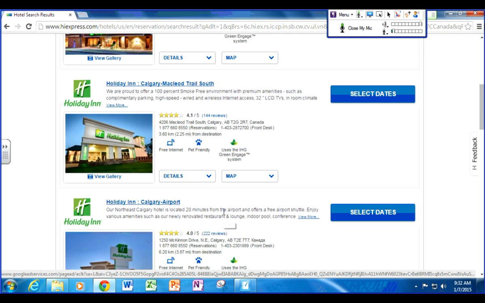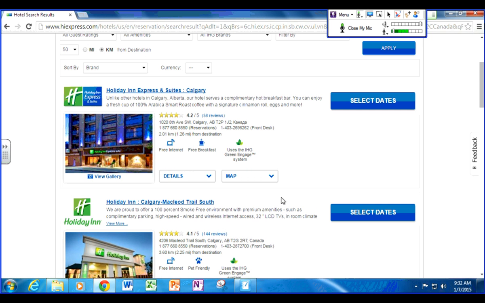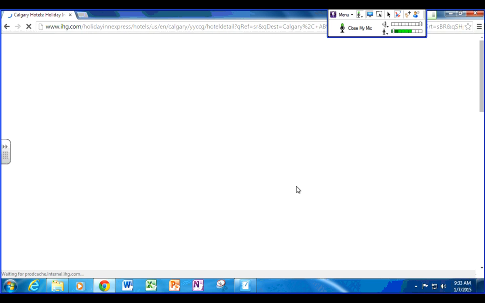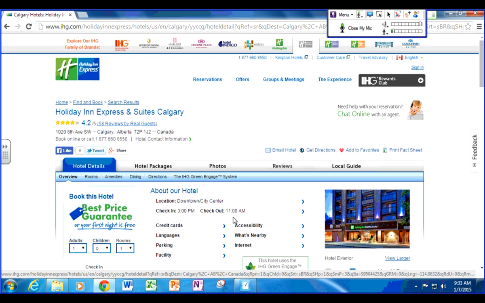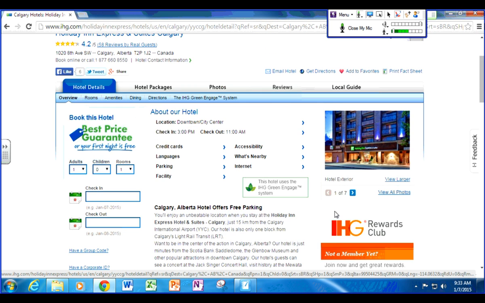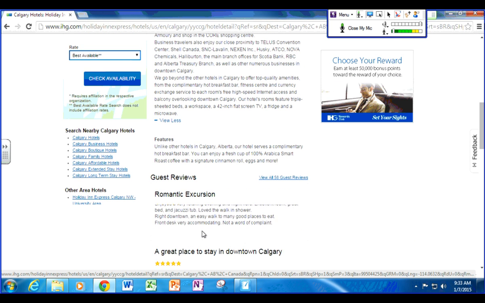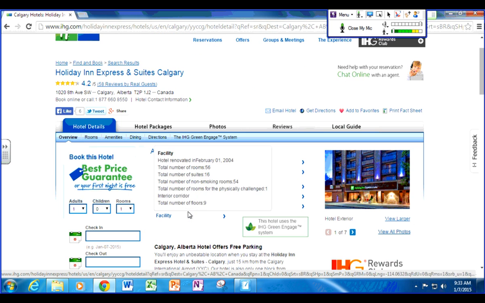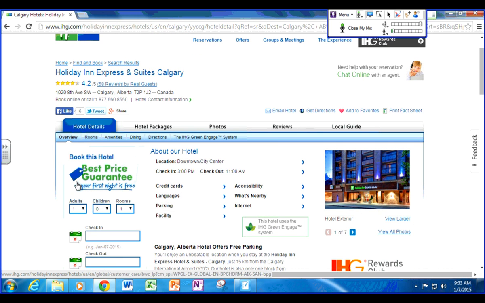It's kind of hard to say where these are. You're going to have a map and see which one is more convenient to where you want to stay. So there is some planning to do there. This one's right downtown Calgary, so maybe that's where we want to stay. But then we can check the price.